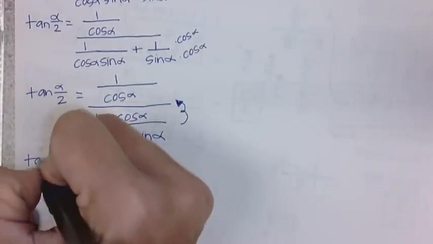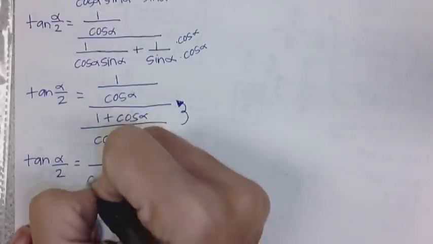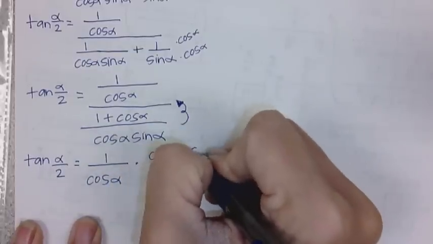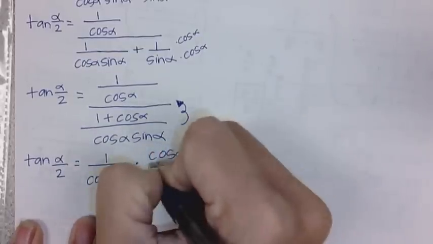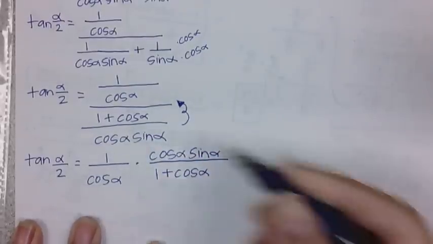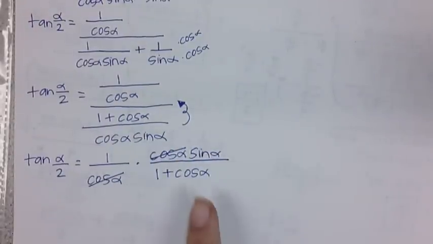So the tangent of alpha over 2 equals 1 over cosine alpha times cosine alpha sine alpha all over 1 plus cosine alpha. The cosines, because they're common factors, those cosines are going to reduce, but this one right here is not because it's a term.